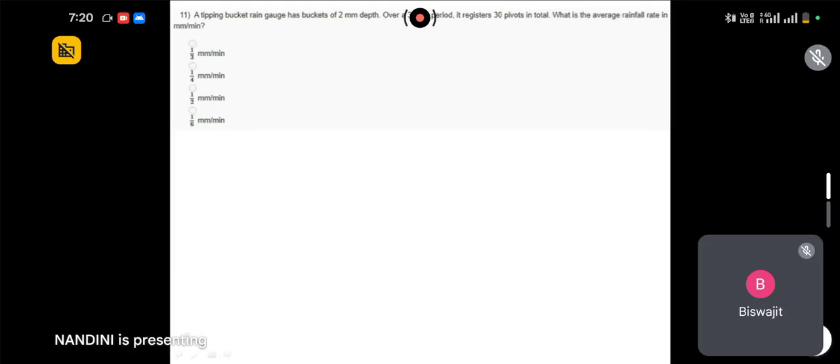Once the bucket fills up, it tips and gives you the rainfall. So based on the number of times the bucket has tipped, you can find the rainfall that has happened over that particular region.